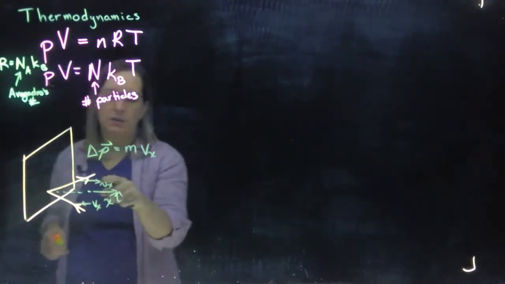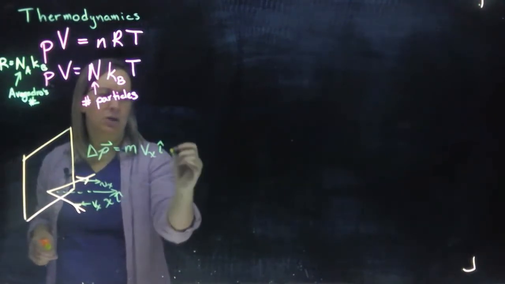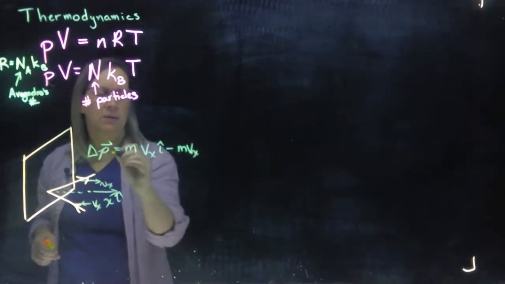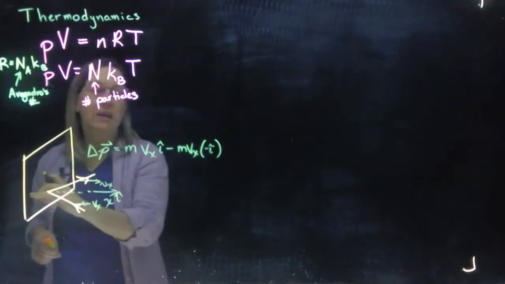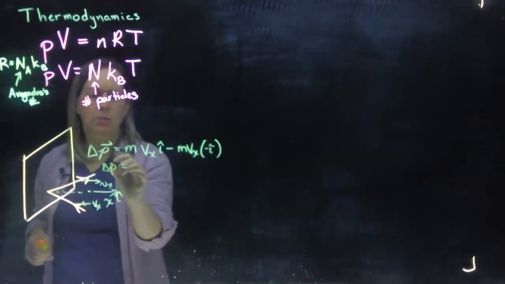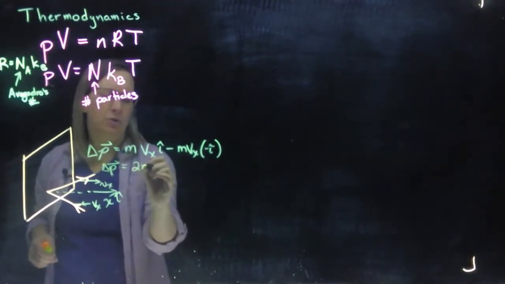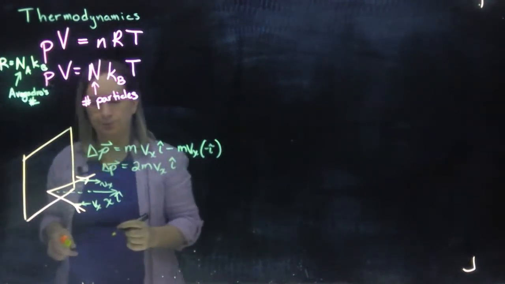My Vx coming out, in the positive I hat direction, minus mVx going in, in the minus I hat direction. This gives me a change in momentum of this particle of 2mVx in the I hat direction.